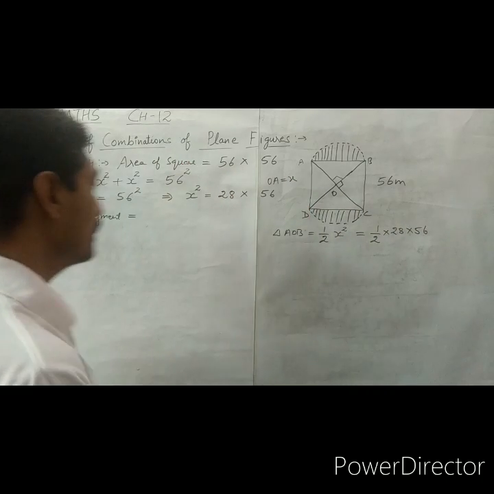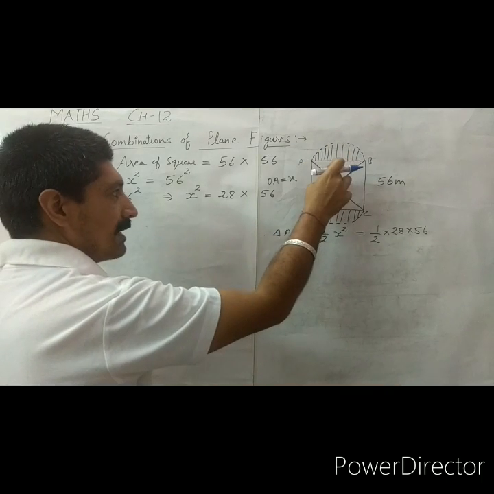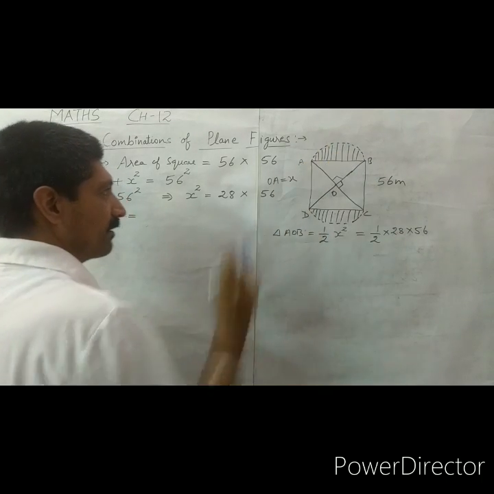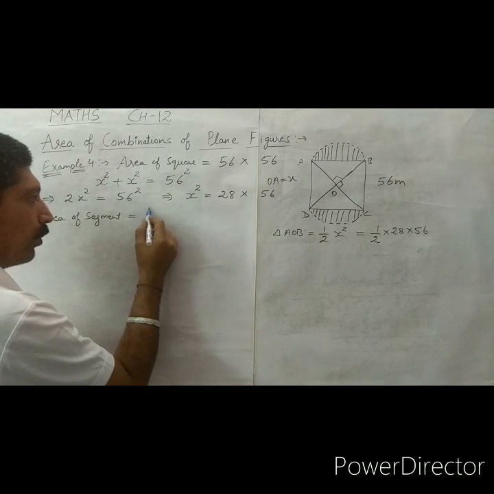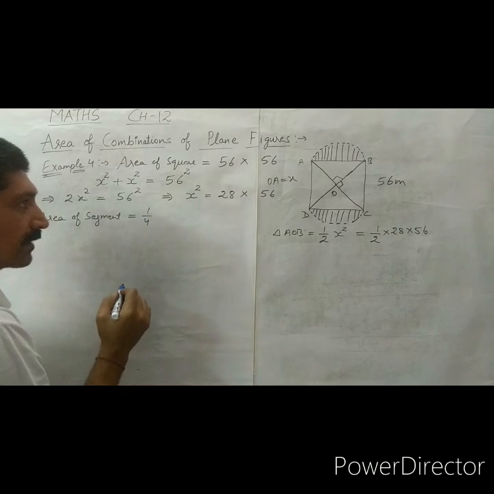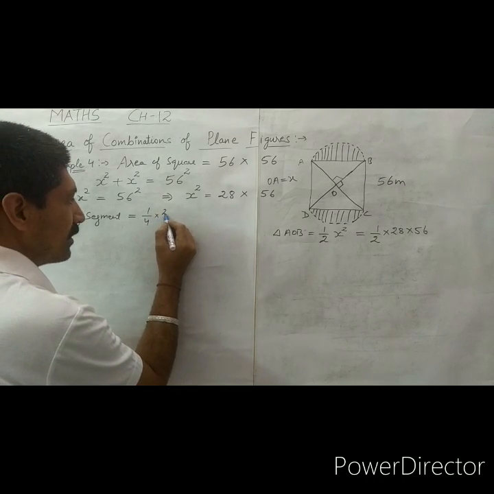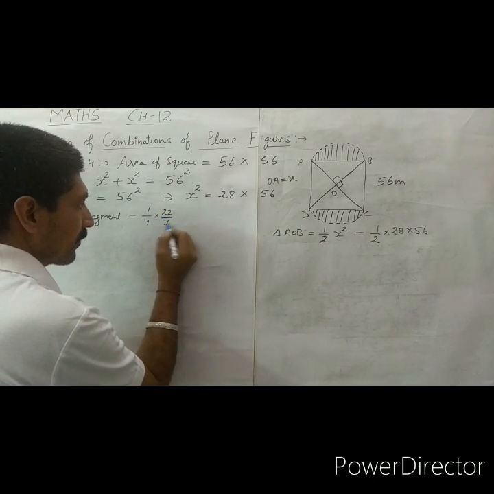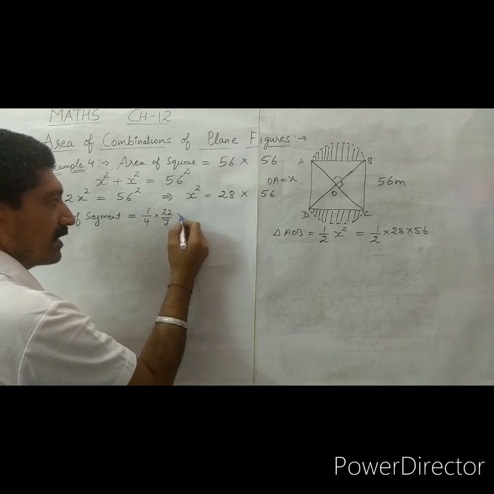So here area of segment is equal to area of the sector minus area of the triangle. So area of the sector is 1 by 4 pi r square, that is theta upon 360 into pi r square, with pi as 22 upon 7.